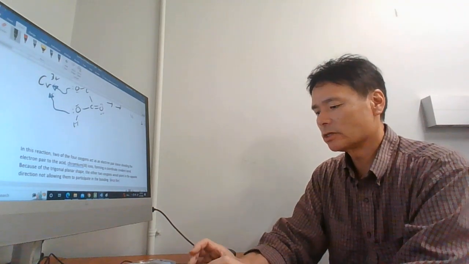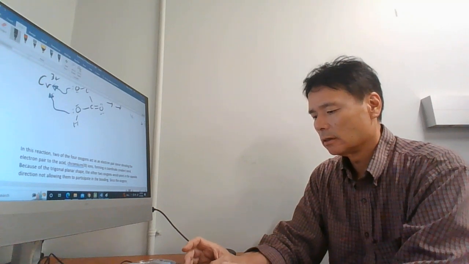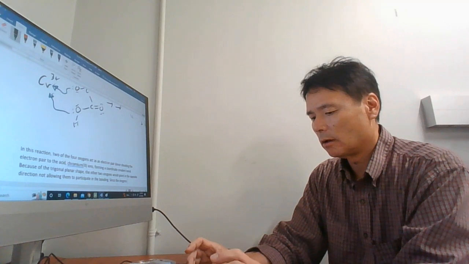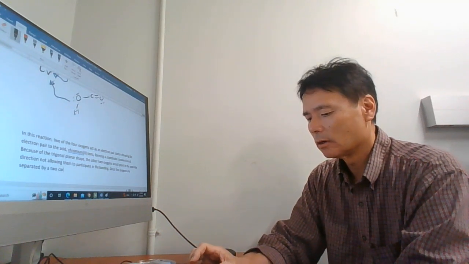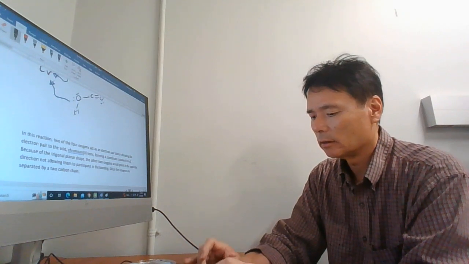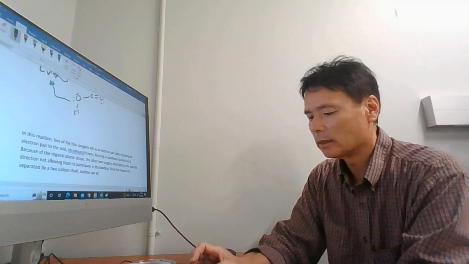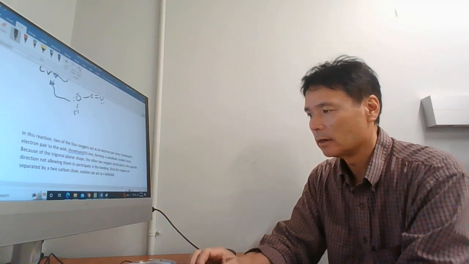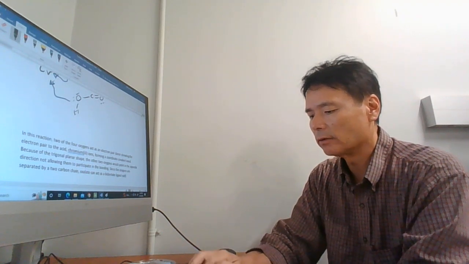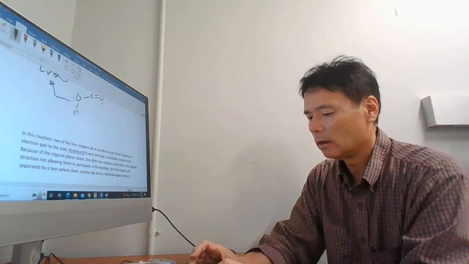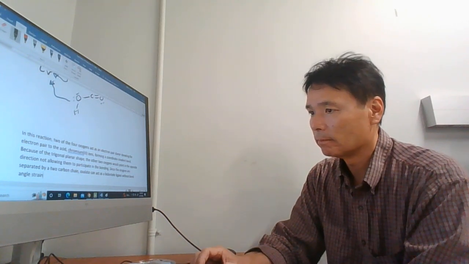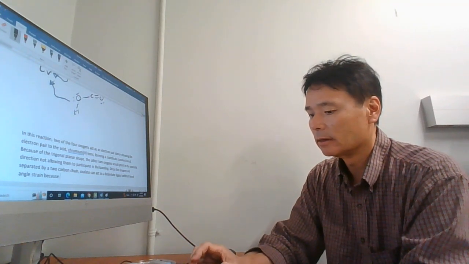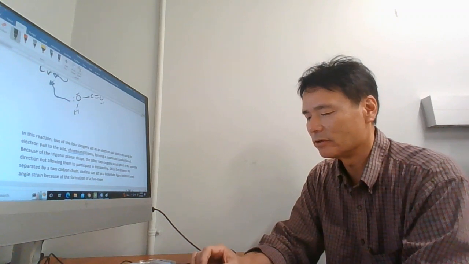Since the two oxygens are separated by a 2-carbon chain, oxalate can act as a bidentate ligand without bond angle strain because of the formation of a 5-membered ring. This might be a little bit confusing.